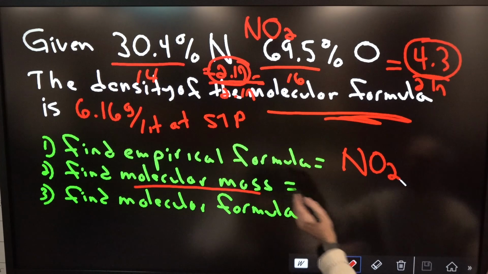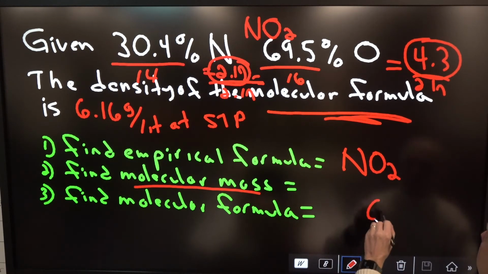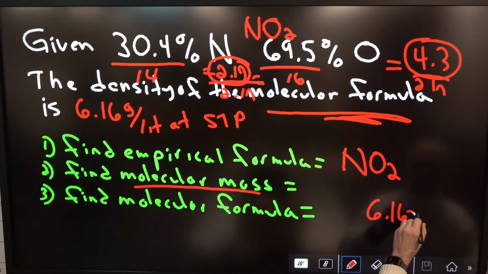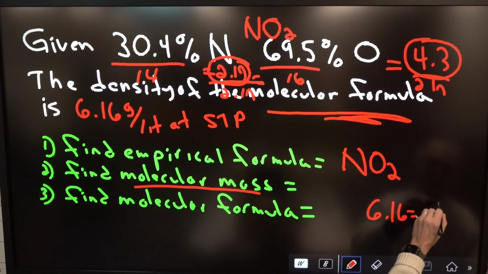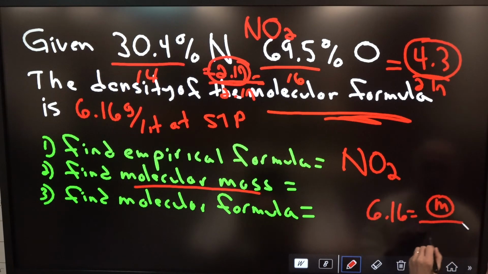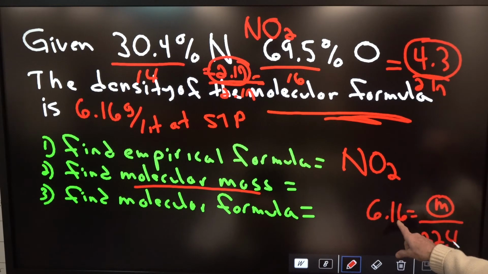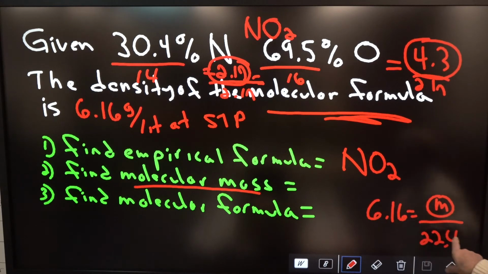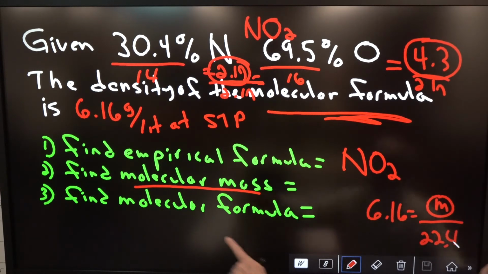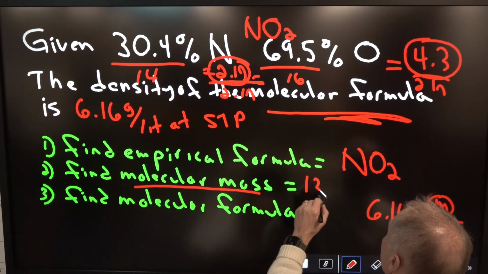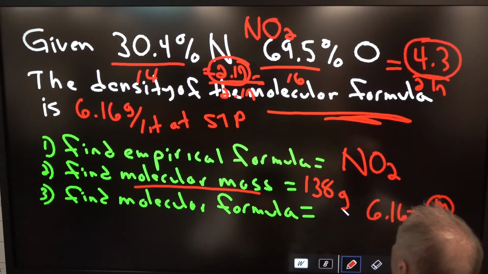We get 6.16 equals M over 22.4. And when I multiply those two together, I get 138 grams. That's my molecular mass, 138 grams.